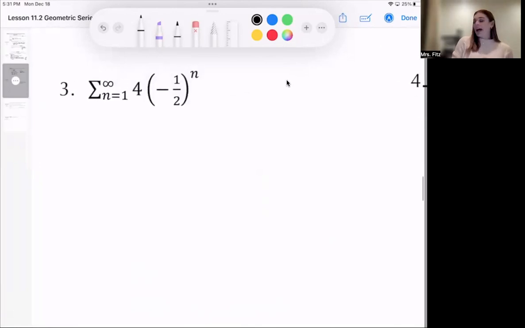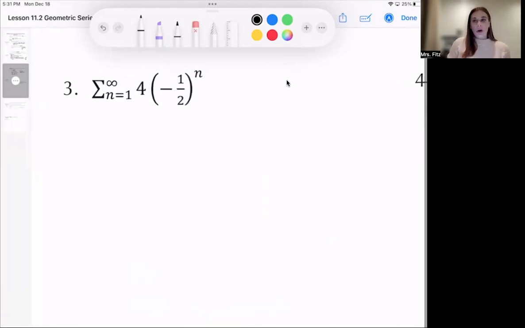Okay, let's take a look at number 3. We are looking at the sum from n equals 1 to infinity of 4 times negative 1/2 to the nth power. First, we can easily identify r is negative 1/2. So we want to check the absolute value of r.